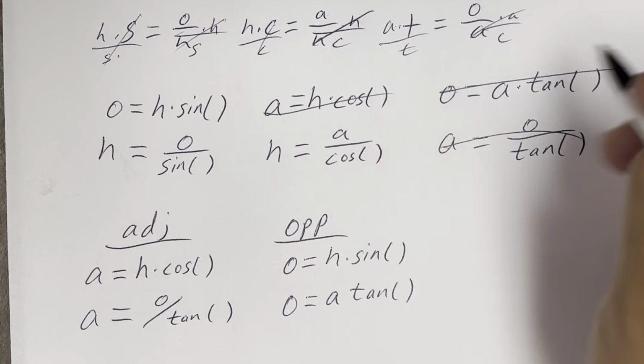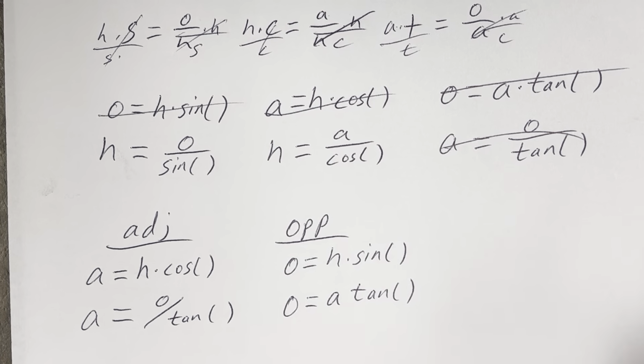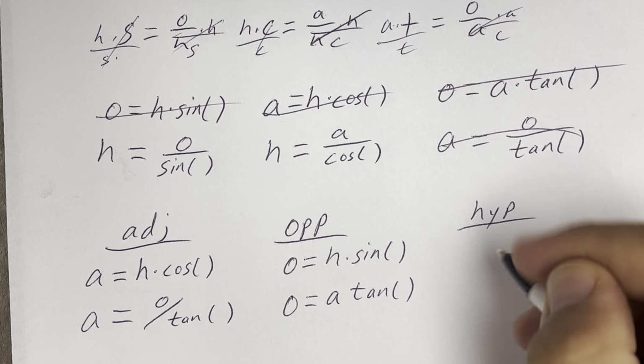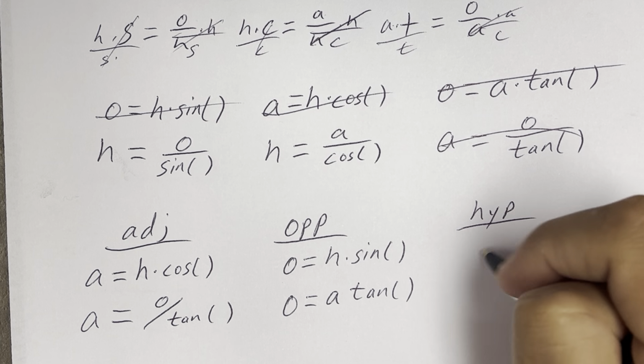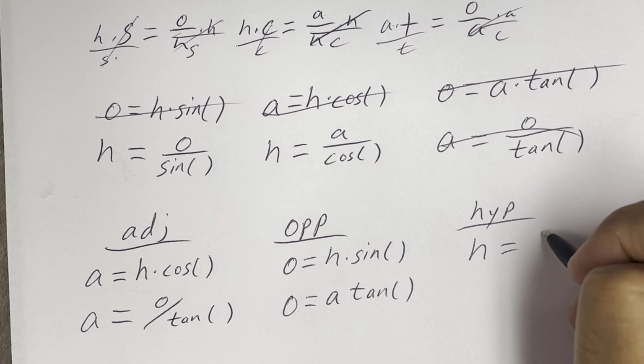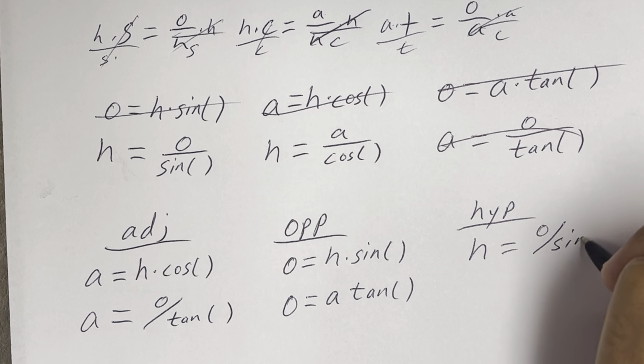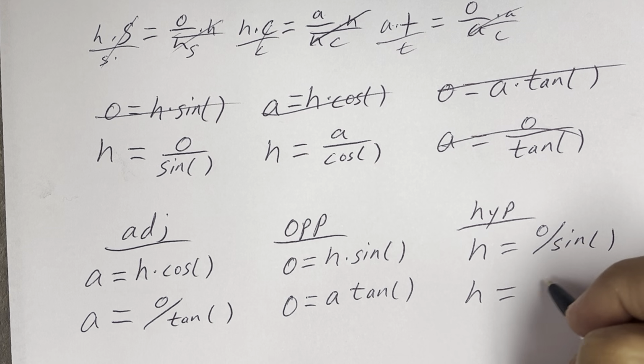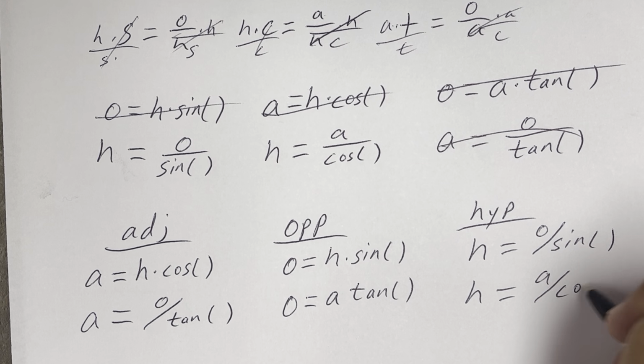Okay, that gets rid of those two equations. And then finally, if I'm looking for the hypotenuse, 2 more equations. Hypotenuse equals opposite divided by the sine of an angle, or hypotenuse equals adjacent divided by the cosine of an angle.